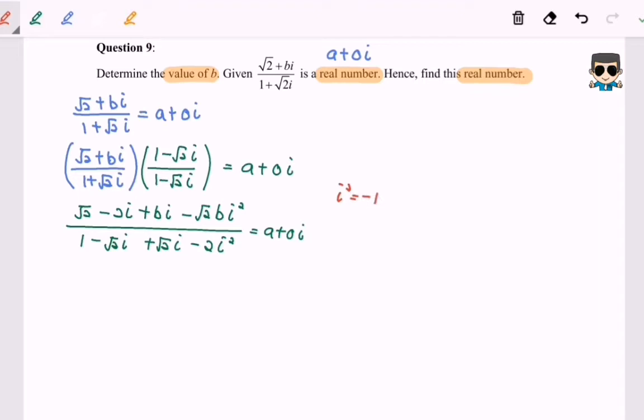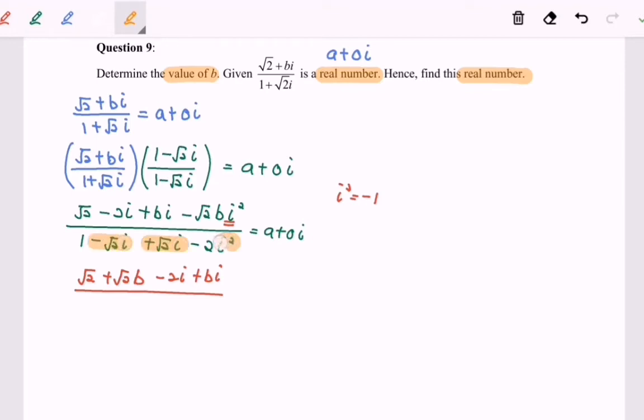So for this case, we are going to simplify the left hand side. So we will have √2. For this part, if we substitute negative 1, we will have a positive √2b − 2i + bi over. Now let's focus on the denominator. For this case, we can simplify, it becomes 0.